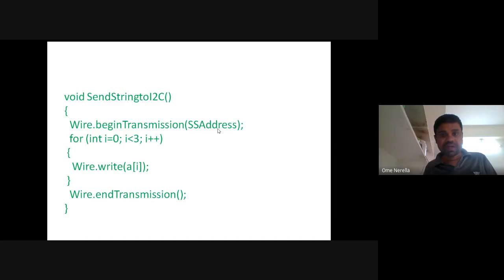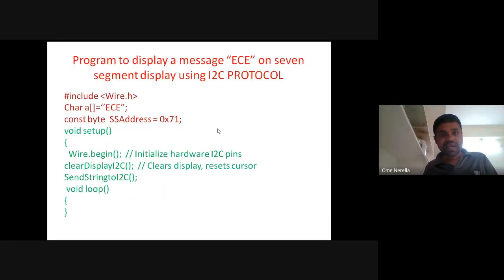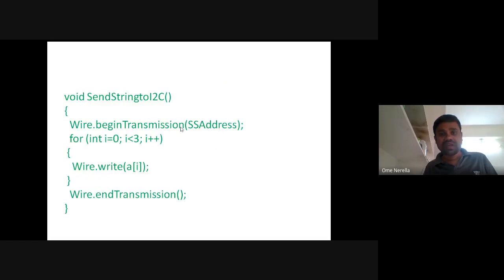Directly you can put 0x71 in Wire dot begin transmission, that is no problem. Wire dot begin transmission indicates three things: the start of the communication, the device address, and the write operation.